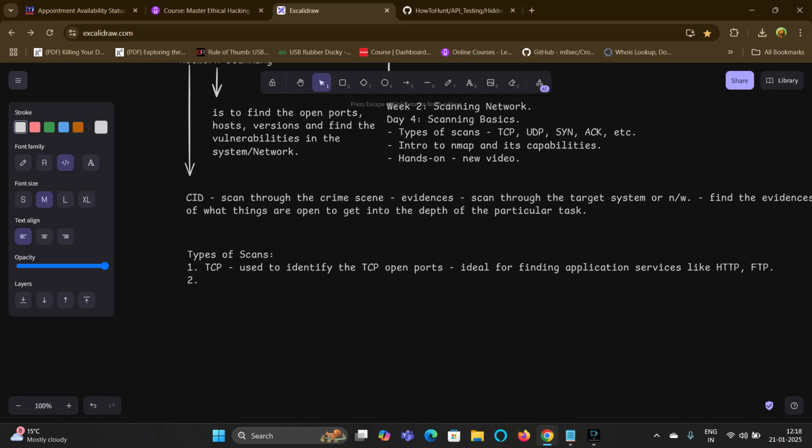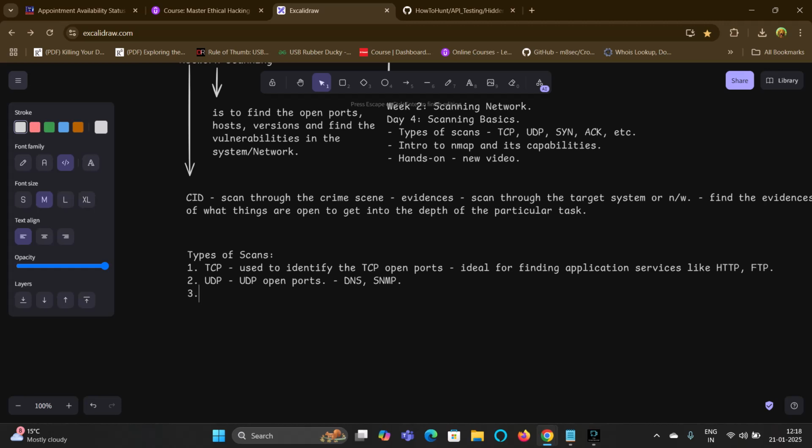Moving on, then comes the UDP scan. What is the target in a UDP scan? Again, it is used to identify UDP open ports. These are similar, and it is basically used to find services like DNS and SNMP. I forgot the full form of SNMP in the previous video; I remember it now: Simple Network Management Protocol.